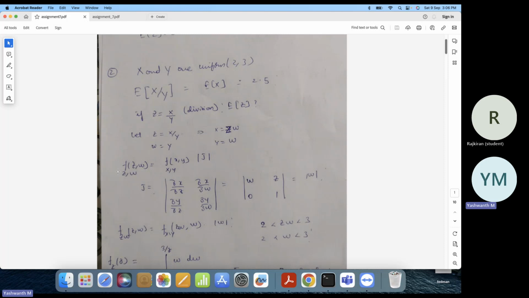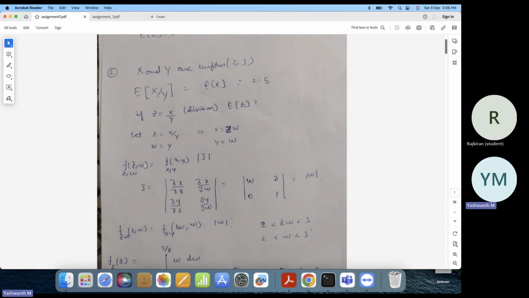This is what I was saying last time. Whenever you have an invertible transformation from ZW to XY, you can do the transformation through this Jacobian.